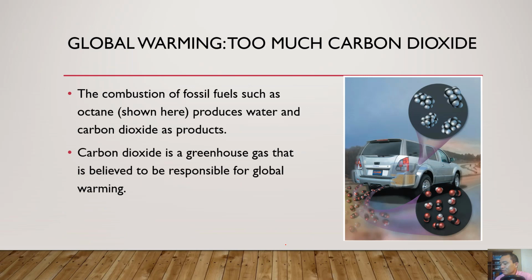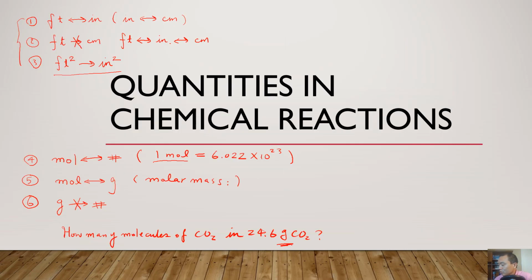So basically you're given grams, we want you to find a number, right? We want to find a number, so you cannot do this conversion directly. Hashtag represents a number. So what you need to do is actually you'll convert grams to mole first and mole back to a number. So when you do this calculation, it will be more straightforward. Okay. Of course, for details, please refer to chemical composition.